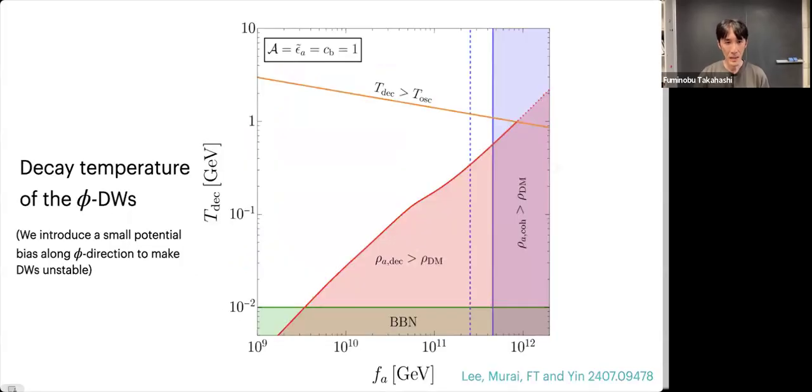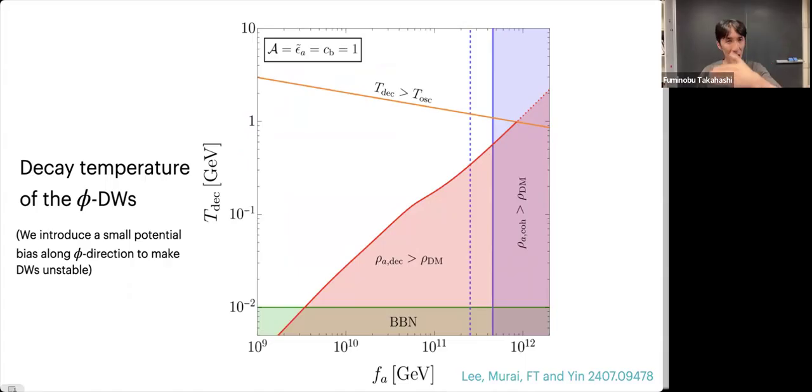Okay. And this figure shows where you can explain all the dark matter by the QCD axion generated by the decay of induced domain walls. Here we assume that we introduce a potential bias along the phi direction, not the axion direction, because we do not want to spoil the PQ mechanism.